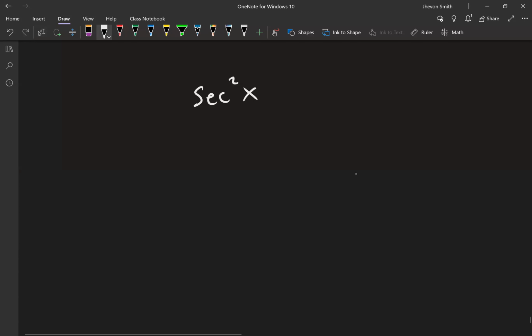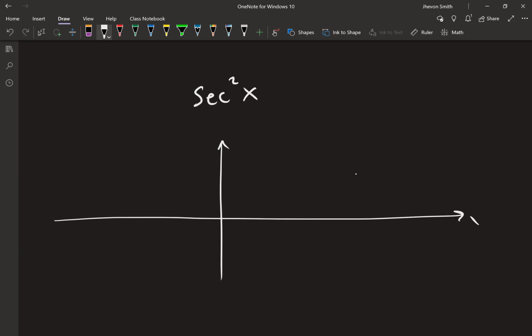Right? So we're here. What does the cosine look like? Let's look at the cosine.